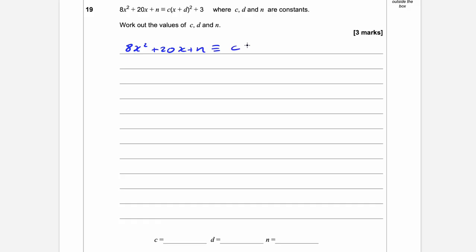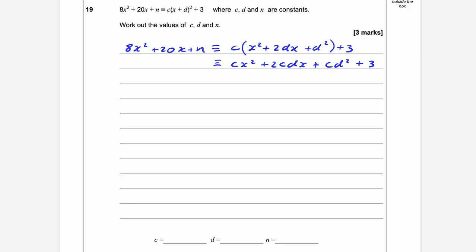This is going to be c times, multiply out the bracket, it's x squared plus, careful guys, 2dx plus d squared plus 3. And then let me just put this into cx squared plus 2cdx plus cd squared plus 3.